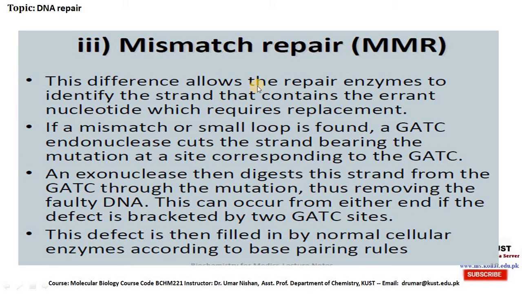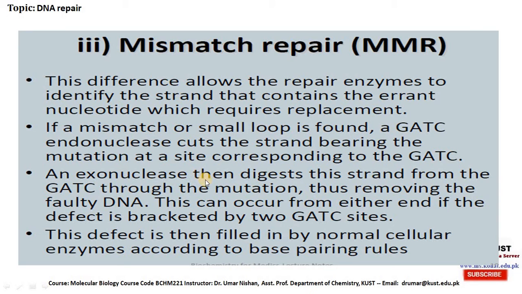This difference allows the repair enzymes to identify the strand that contains the errant nucleotide, which requires replacement. If a mismatch or small loop is found, a GATC endonuclease cuts the strand bearing the mutation at a site corresponding to the GATC.